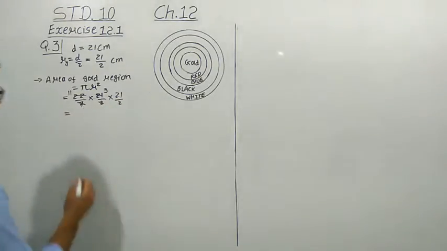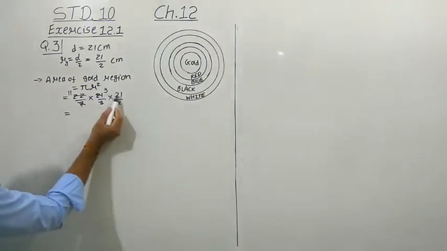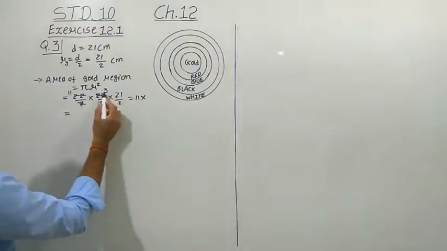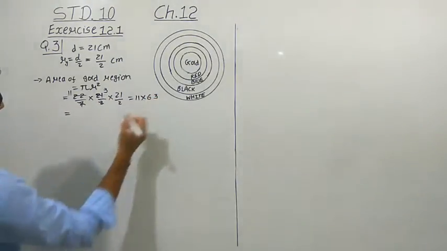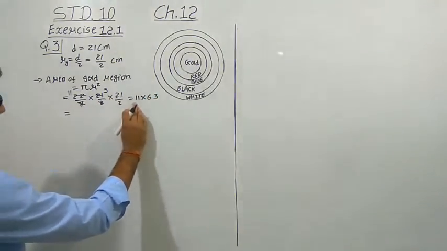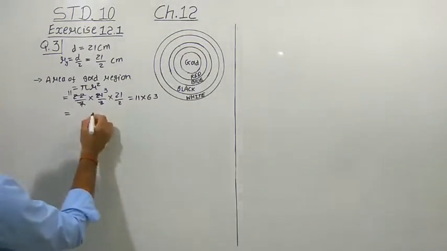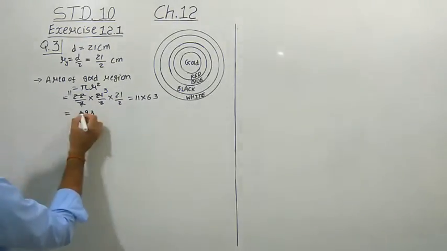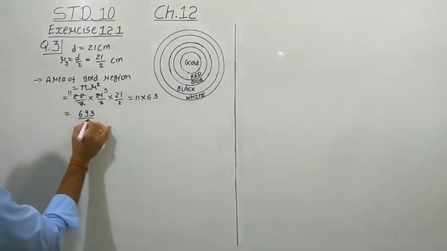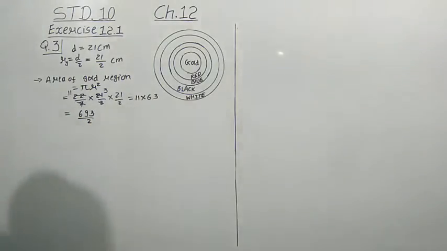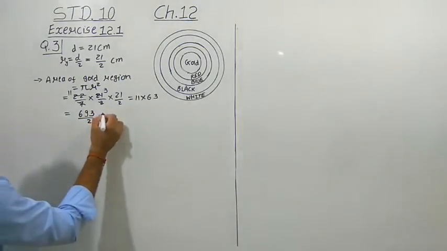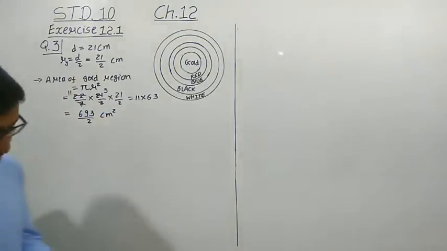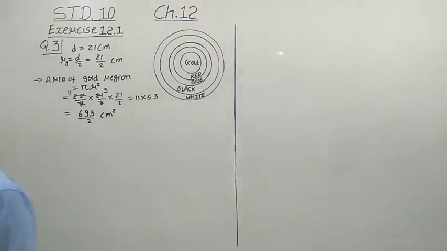So 21 into 3 equals 63, and the multiplication with 11: 3 ones are 3, 9, and 6 ones are 6, so 693 upon 2. This is the area of the gold region and the unit will be centimeter square. Right? This is the area represented by the gold region.